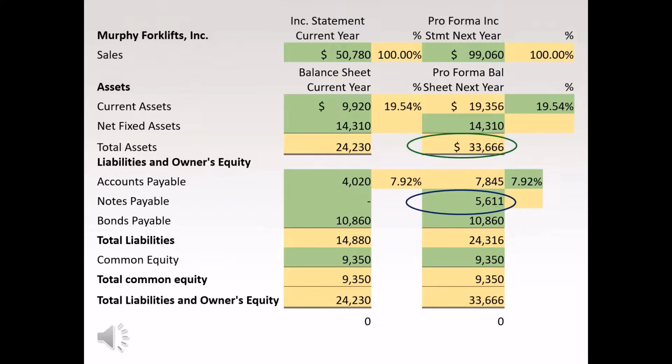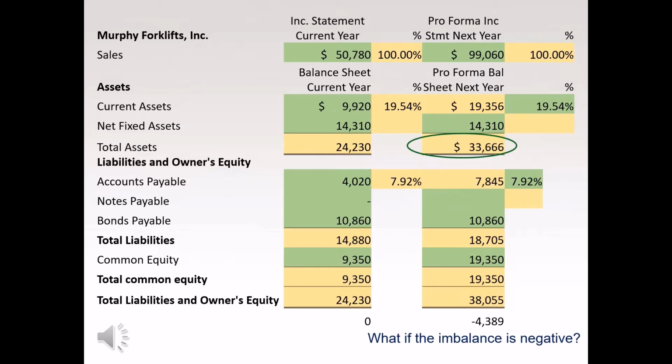We had some existing, and that's great, but we found that our liabilities and equity were not quite great enough to support the full total assets, and that we would need to come up with some additional long-term financing to support those assets in the amount of $5,611,000. Right now we put that in notes payable, and that is identifying our discretionary financing needed.